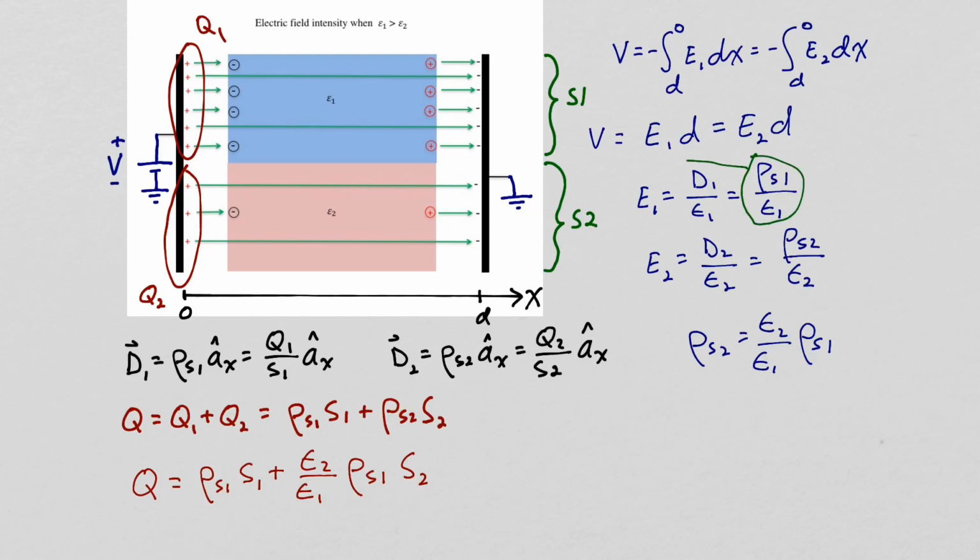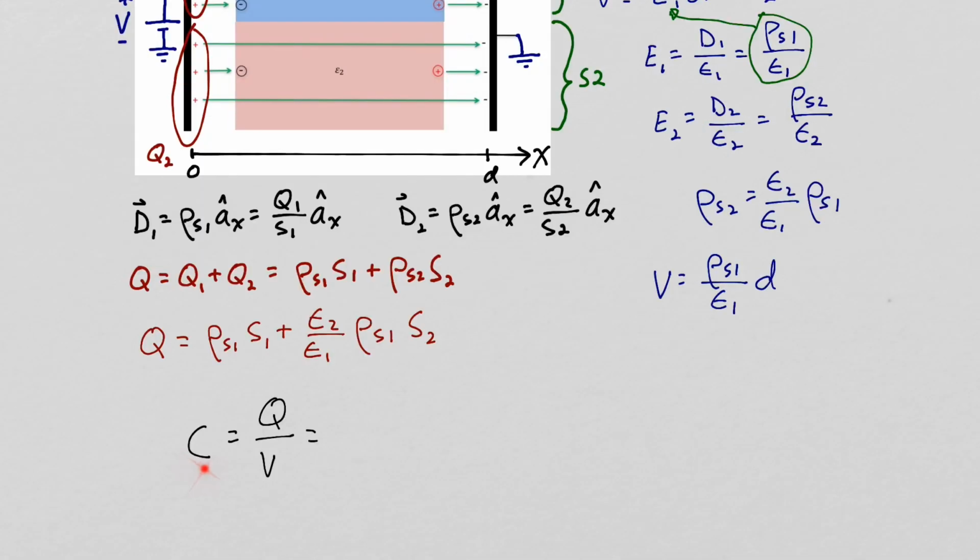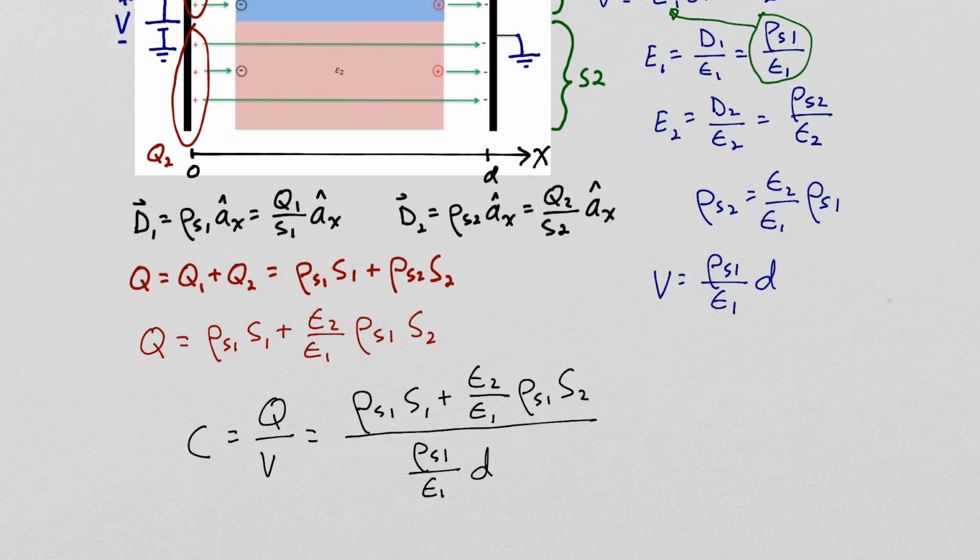We obtain our voltage then is equal to rho sub S1 over epsilon sub 1 times D. So our capacitance will be the ratio of our charge to our voltage across our capacitor. Making this substitution for Q and this substitution for V, we have this expression.